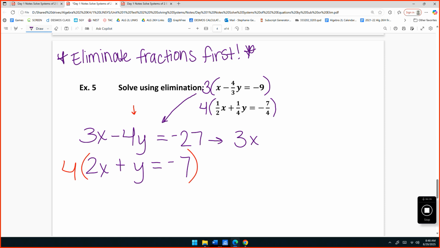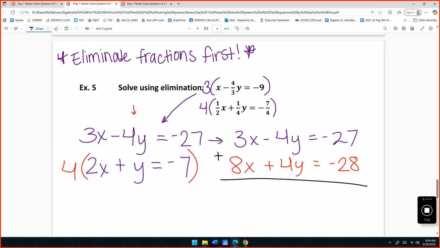I'm going to bring over my first equation because I'm not changing that: 3x minus 4y is -27. Then I'm going to multiply the second one all by 4, so that makes 8x plus 4y equals 4 times -7, which is -28. Okay, now I can add together. 3x and 8x is 11x.